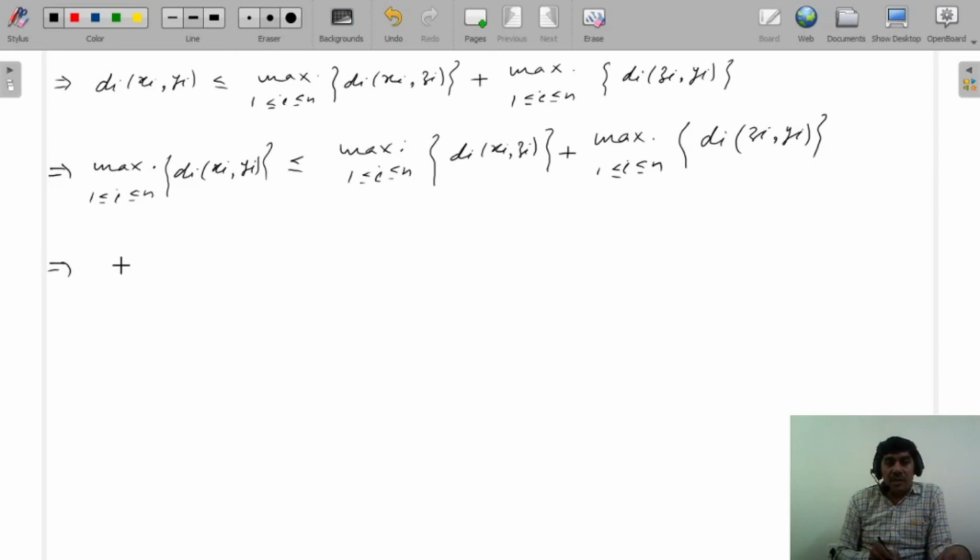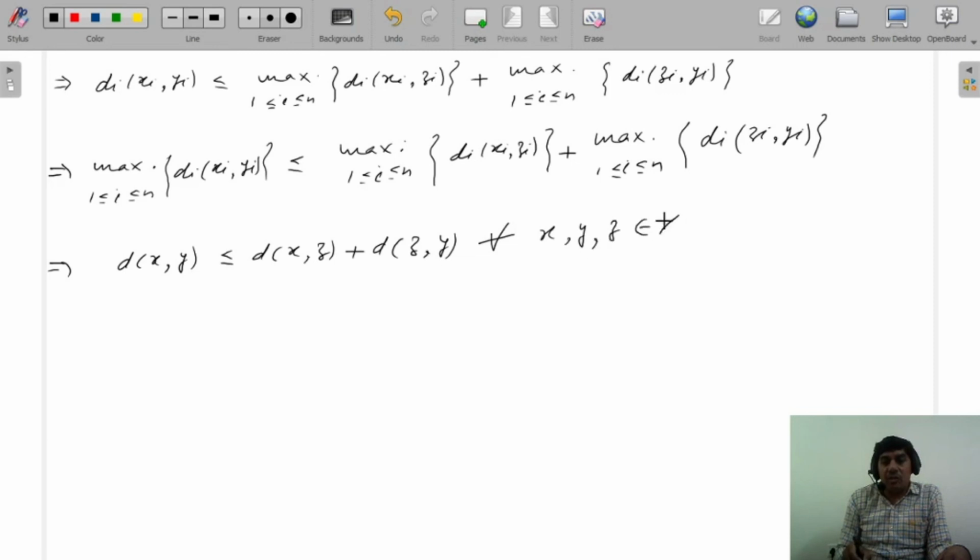This implies dxy is less than or equal to dxz plus dzy for every x, y, z belongs to capital X.